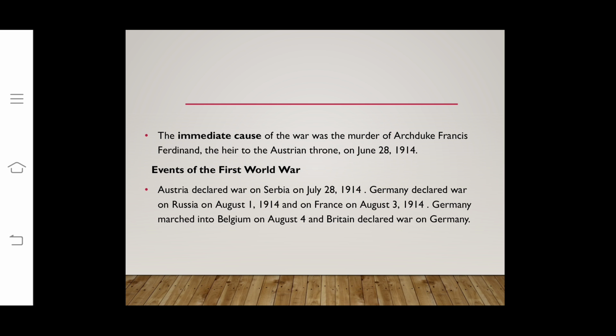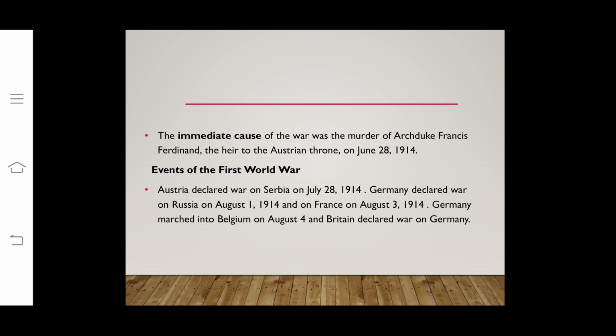On June 28, 1914, Archduke Francis Ferdinand, the heir to the throne of Austria-Hungary, was assassinated at Sarajevo, capital of Bosnia. The assassination was organized by a secret society called Black Hand, Serbian nationalists whose aim was to unite all Serbians into a single Serbian state.